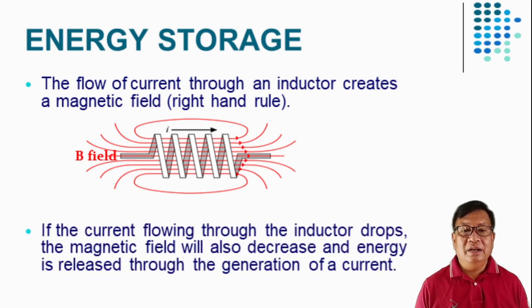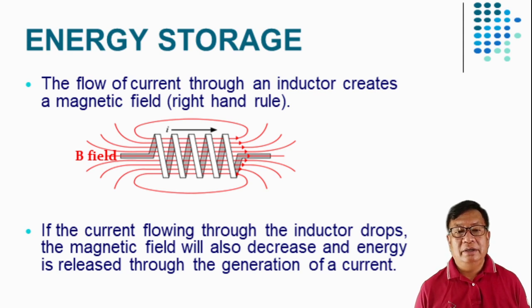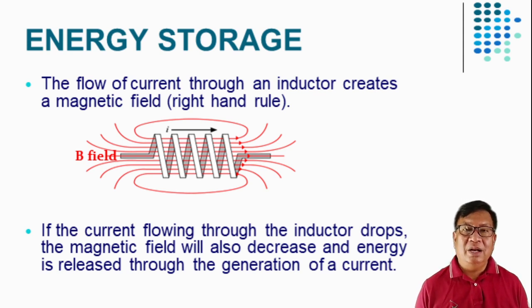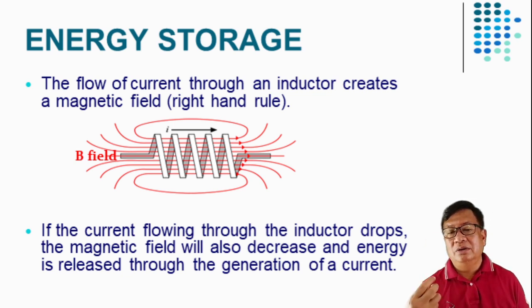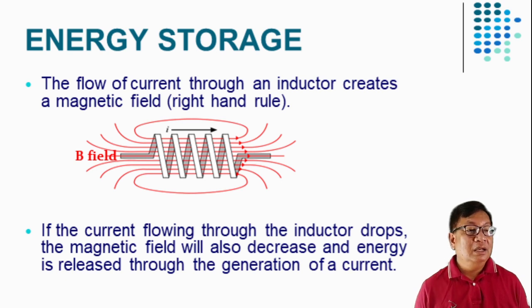Okay, so if the current flowing through an inductor drops, the magnetic field will also decrease and the energy is released through the generation of electric current. So pag nag-drop ito pong kuryente natin, or the current flow will drop, then ang magnetic field dito sa surface ay magda-drop din. So magre-release din doon ang na-store natin na energy.